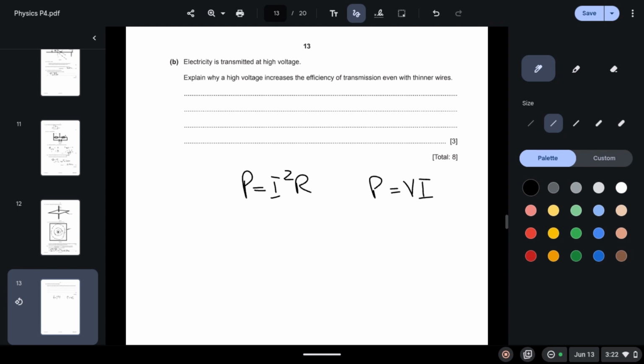So as we increase the voltage, which the question suggests, there will be a decrease in the current to have the same power, and because of that there is less power loss, even though there is higher resistance, because thinner wires have smaller cross sectional area. Hence the efficiency of transmission is increased.